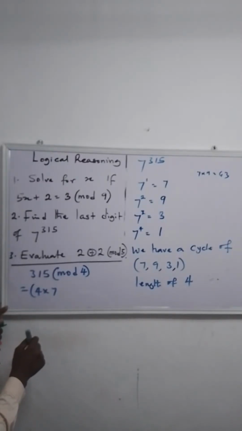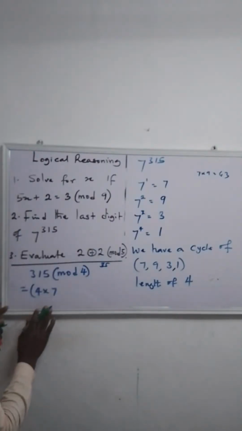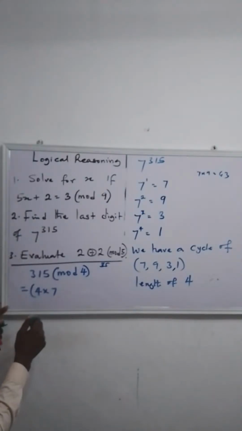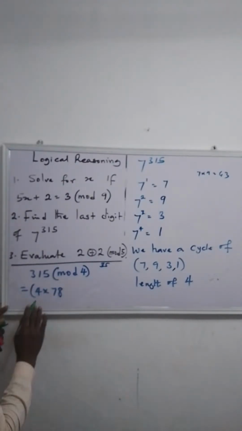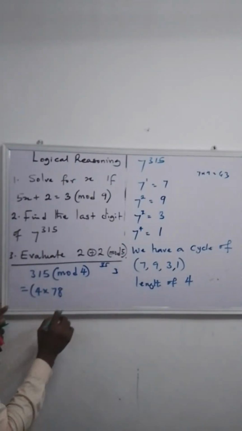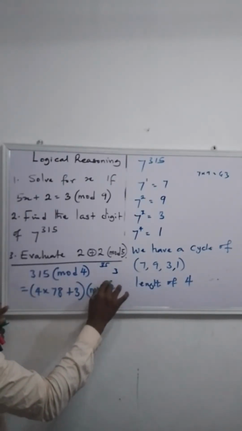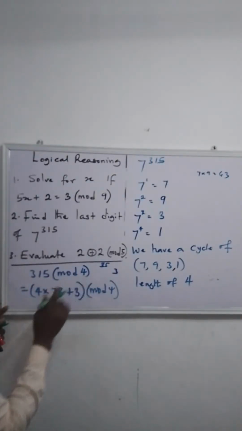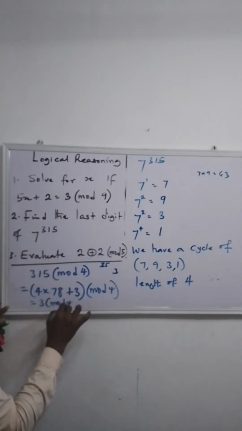So we are left with 3. So we have 35. Now 4 goes in 35, that's going to give you 8. So we are left with 3. So that's plus 3 in mode 4. So now 315 in mode 4 is 3 mode 4.